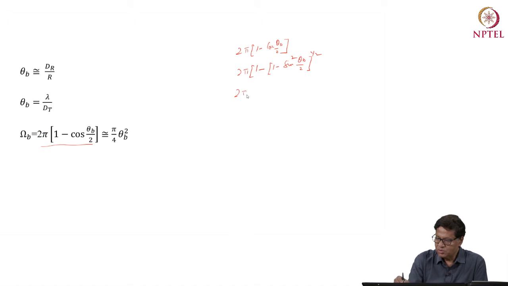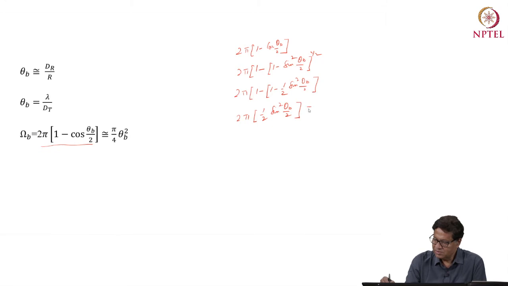And this theta b is very small, so this can be written as 1 minus half sine square theta b by 2. This half can come here. So this will give me 2 pi, this 1 and minus 1 will get cancelled, and what you get is half sine square theta b by 2.